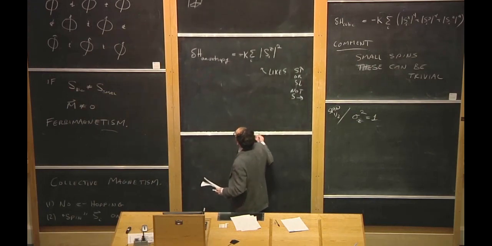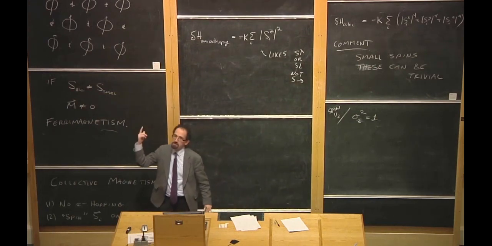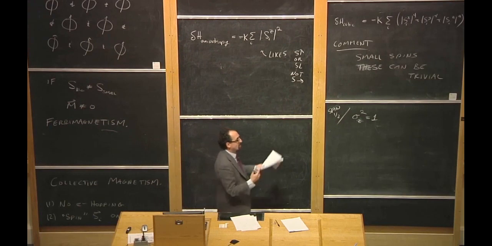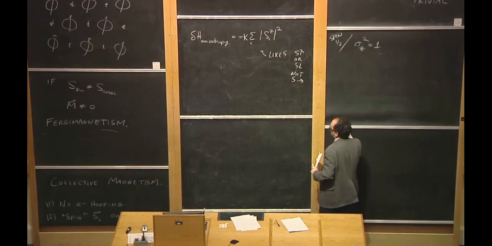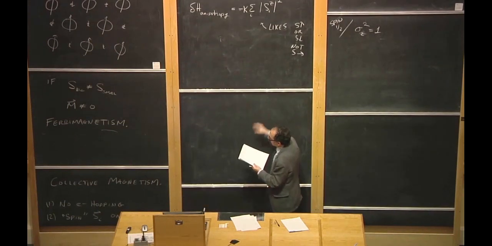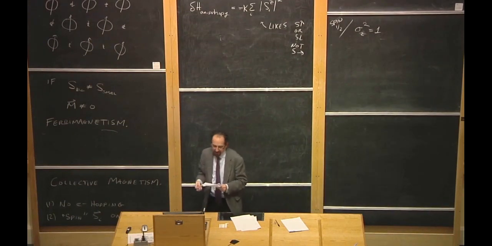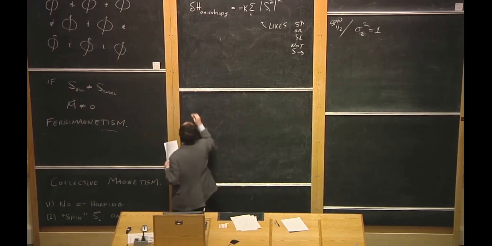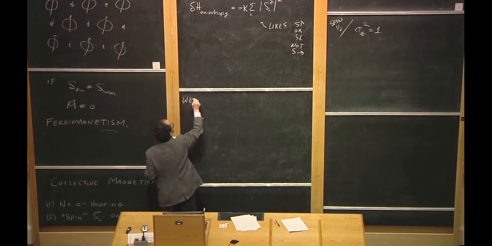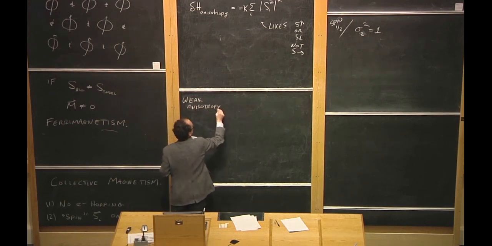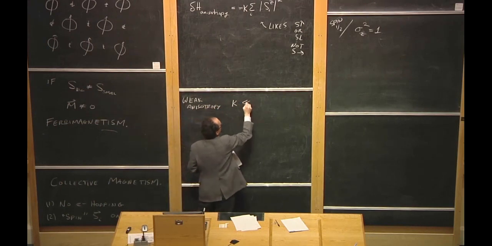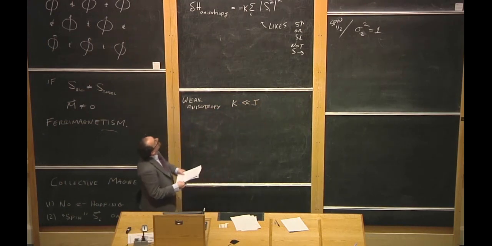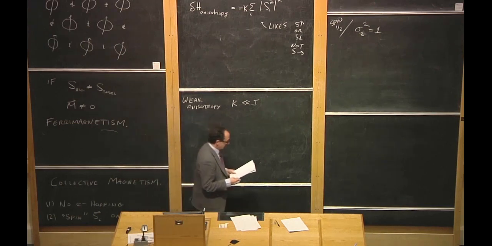So we need to think about this anisotropy, which will prefer the spins to point in some directions over other directions. And we need to think about two possibilities. One possibility is that the anisotropy is strong, and the other possibility is that the anisotropy is weak. Maybe I'll write down the weak case over here. Weak anisotropy, by which I mean that this kappa, this coefficient that occurs in the anisotropy term, is much less than J, the exchange constant that occurs in the Heisenberg term.